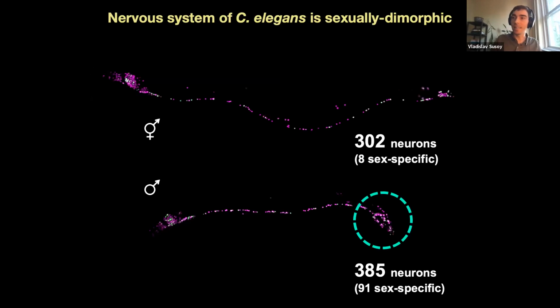And these sensory neurons, as well as other neurons involved in mating, are localized in the tail of the male, and in a way they form a separate brain in the posterior part of the worm. What is interesting is that the number of neurons involved in this posterior brain is very much comparable to the number of neurons in the head of the male.